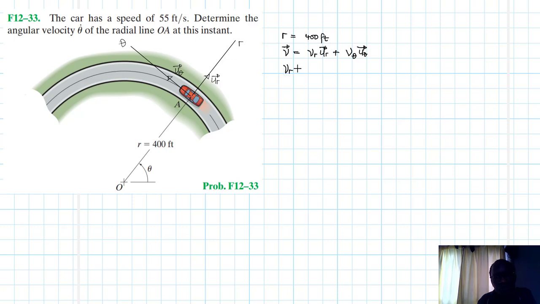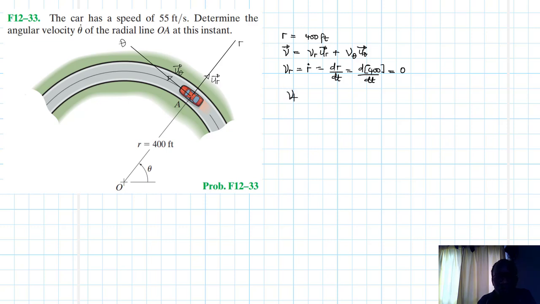So we know that our Vr is just r dot, and this r dot is our dr/dt, which is equal to d(400)/dt, and we know this is equal to 0.